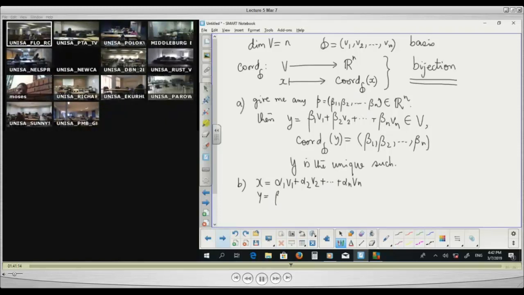So then x plus mu times y is alpha 1 plus mu times beta 1 b1 and so on.